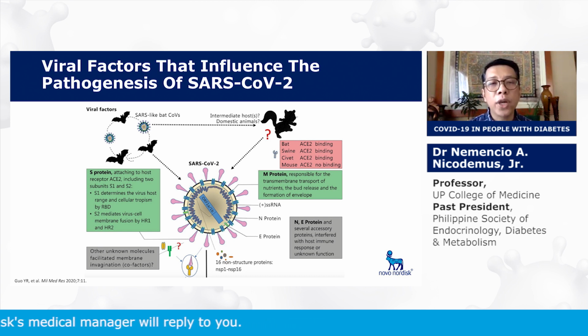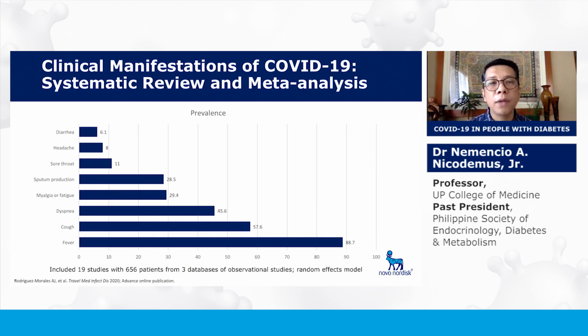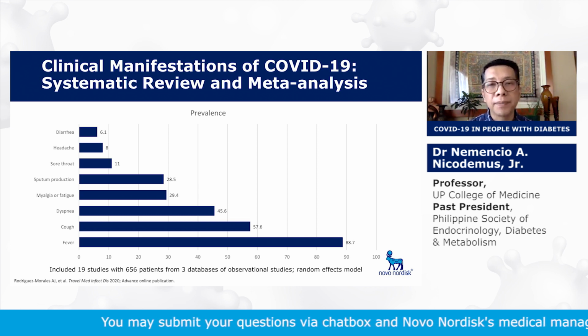What happens to a human being once the SARS-CoV-2 enters the system and infects a human? It manifests itself with several symptoms. And based on a systematic review and meta-analysis of populations affected by the SARS-CoV-2, fever is the most common presentation of this particular disease, followed by cough and dyspnea.